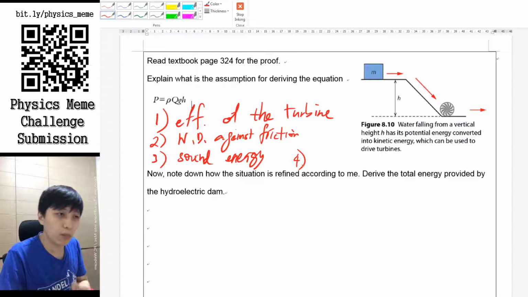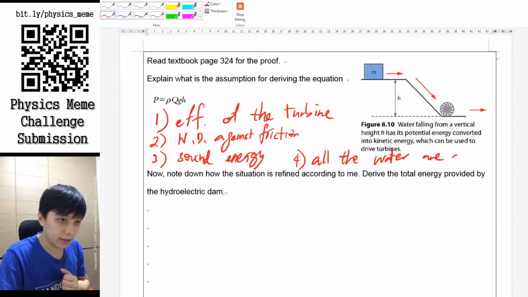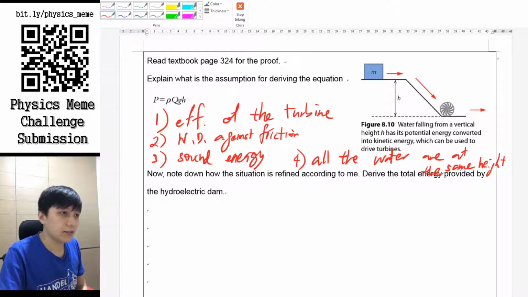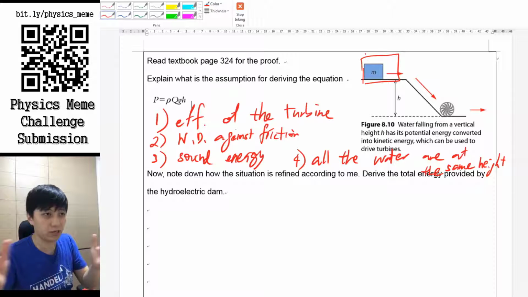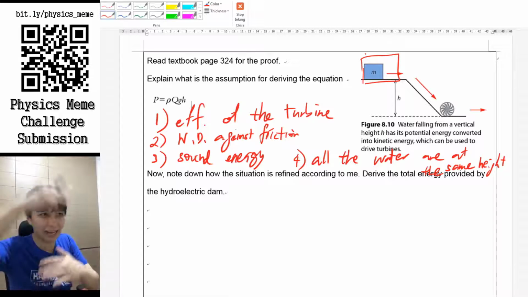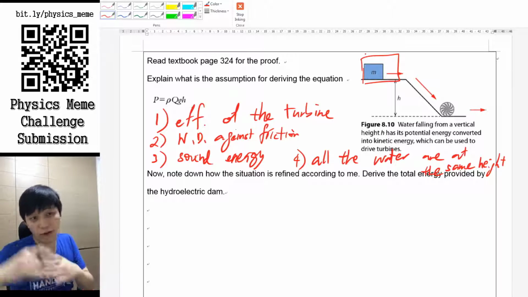I guess the most important assumption here is that you are assuming all the water, like every single molecule, is at the same height, as in the initial height. In fact, if you think about a stack of water, although it may sound strange to say it because water should not be stacking up, each part of it will have a different height.